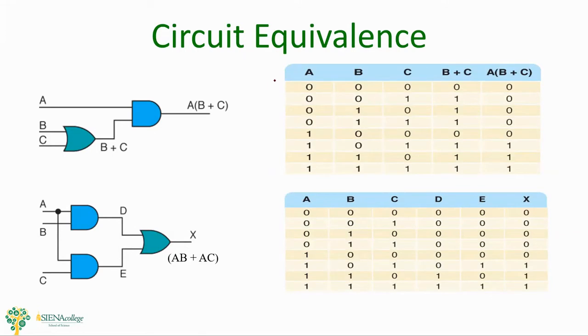Again, having done these in ascending binary order, we know that our outputs are in the correct order to compare them one against the other. And what we'll see is we've got 5 zeros in a row, followed by 3 ones. That's what we have here. 5 zeros in a row, followed by 3 ones. So we can say that these two circuits, or these two Boolean expressions, are equivalent, since they both produce the same truth table.